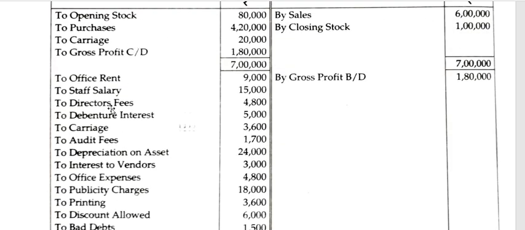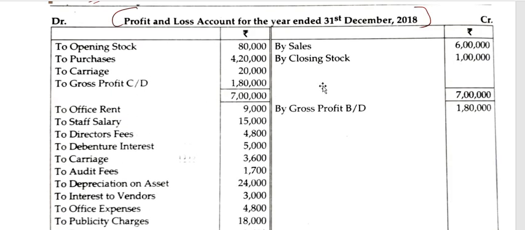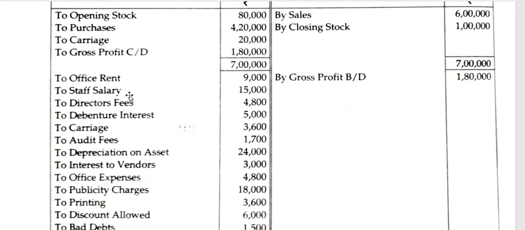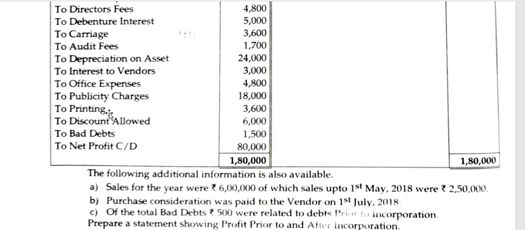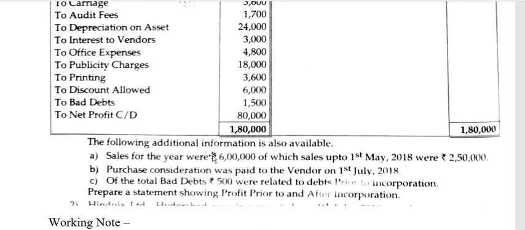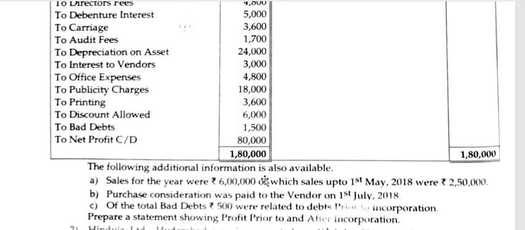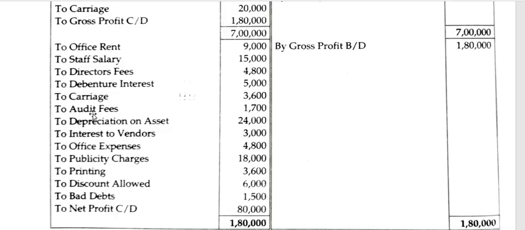So these are the debit side items, and these are the credit side items, like office rent, salary staff, director fees, and so on. Now there is some additional information given in this example. First we will mark the adjustments, and then we will see on which basis these expenses are to be allocated.